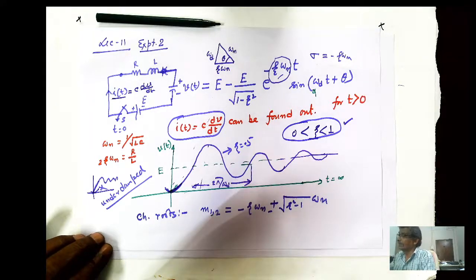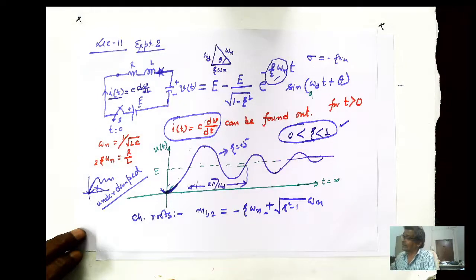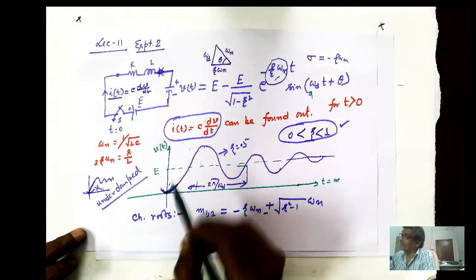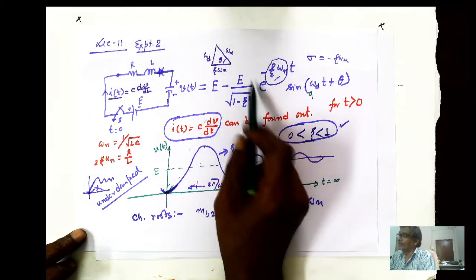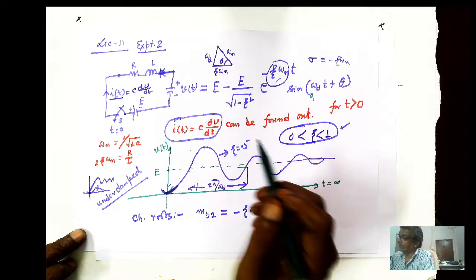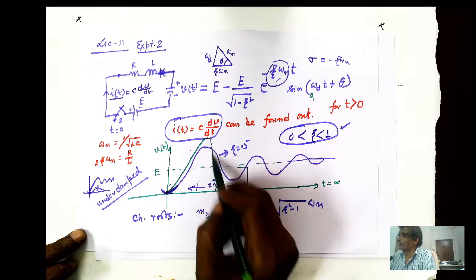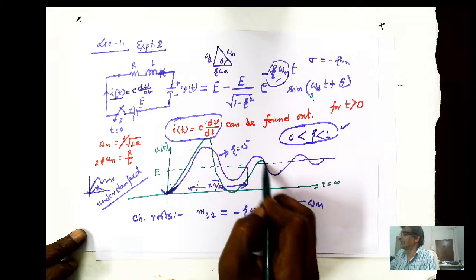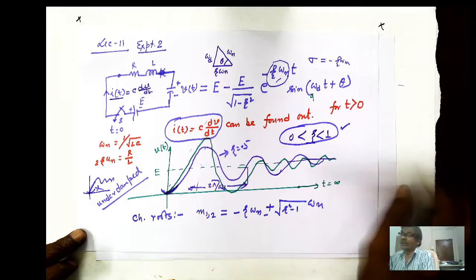Now if I decrease zeta, which means you are reducing resistance, then the peak value will be higher. I am just roughly sketching, this need not be the exact plot. So more oscillations will take place with larger amplitude.